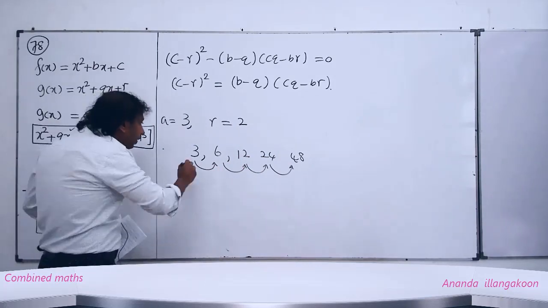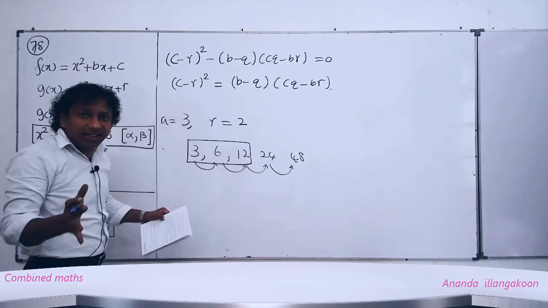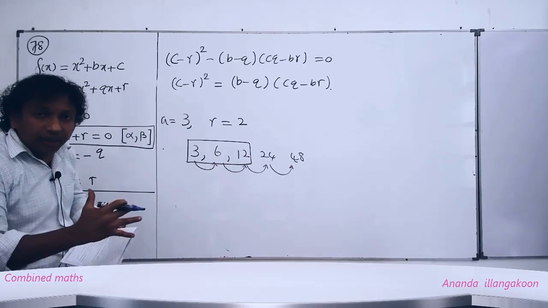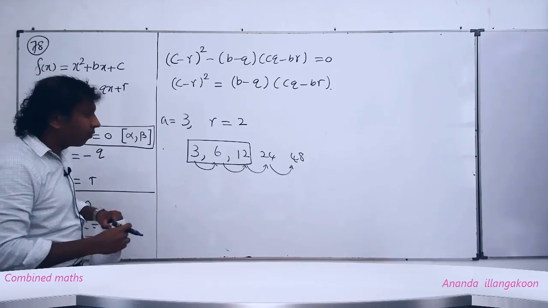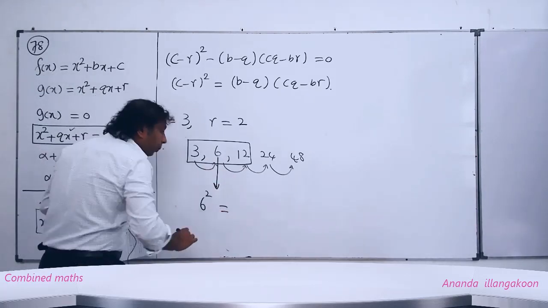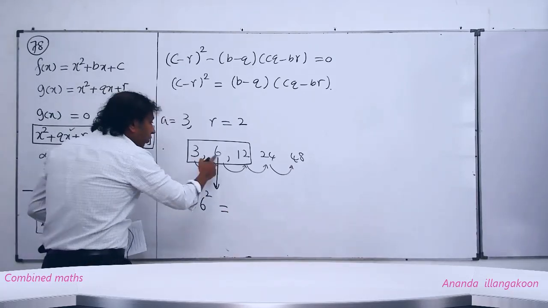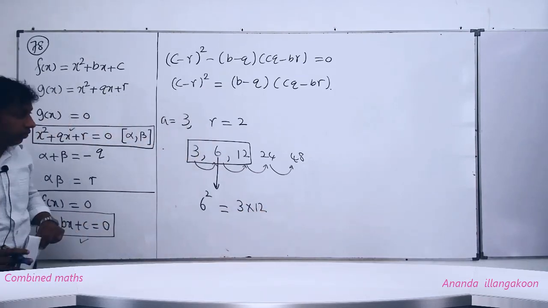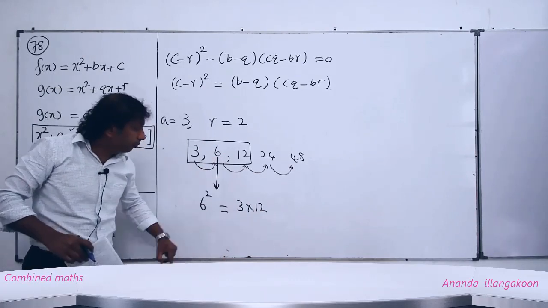When you consider any three consecutive terms, any three adjacent terms, when the three terms lie in a geometric progression, people, there's a common property. That common property is, people, when you square the middle one, it is equal to the product of the other two. See here, when you square the middle one, it is equal to the product of the other two, right?